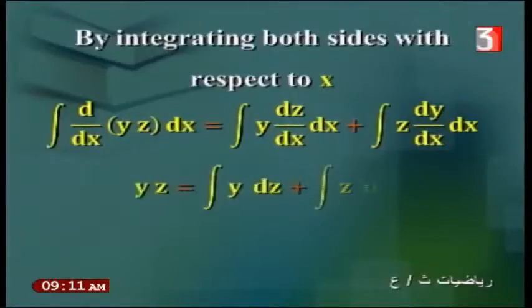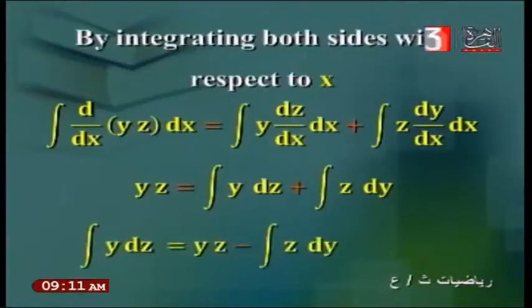Then yz equals the integration of y dz plus the integration of z dy.